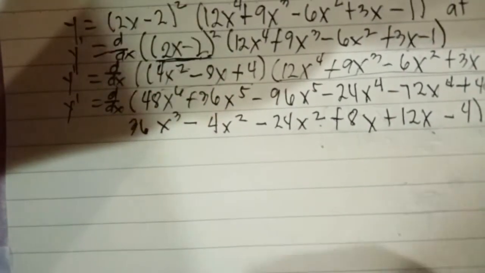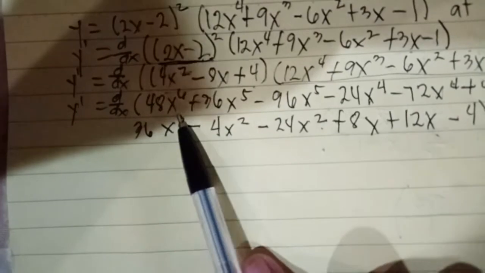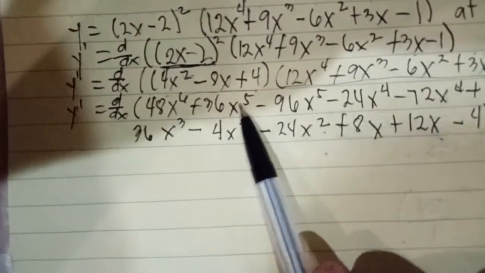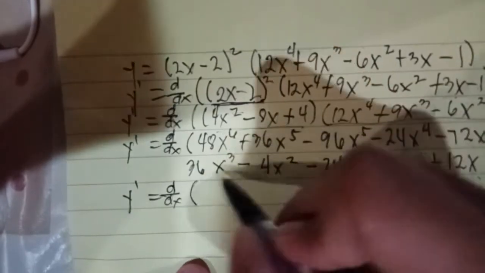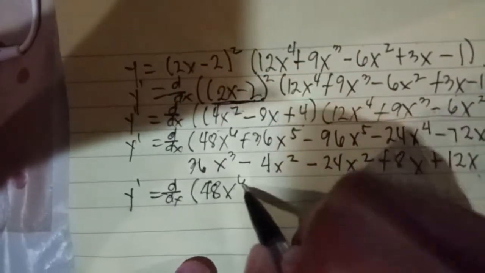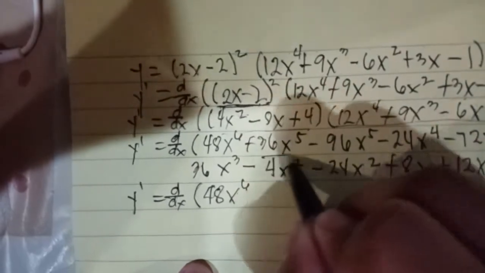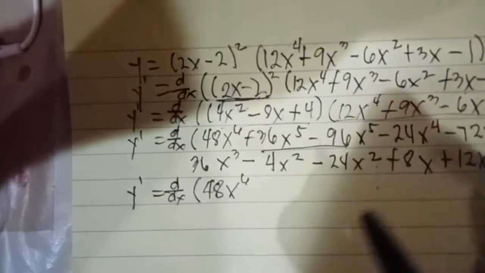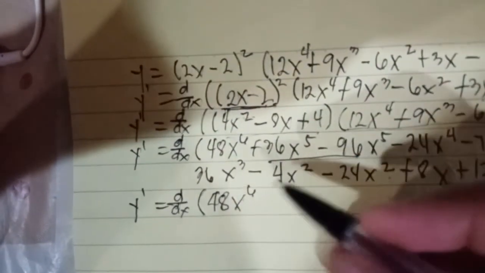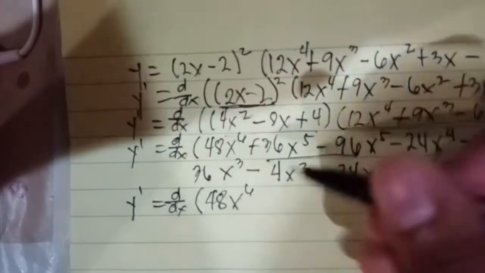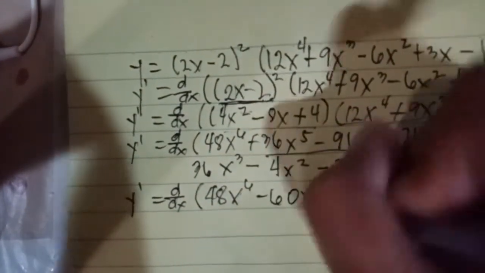Next we are going to combine like terms. Like terms have the same exponent. So y prime is equal to d over dx. Copy the 48x raised to the power of 6. Then add 36 to negative 96. Since they have the same exponent, it will result to negative 60x raised to the power of 5.